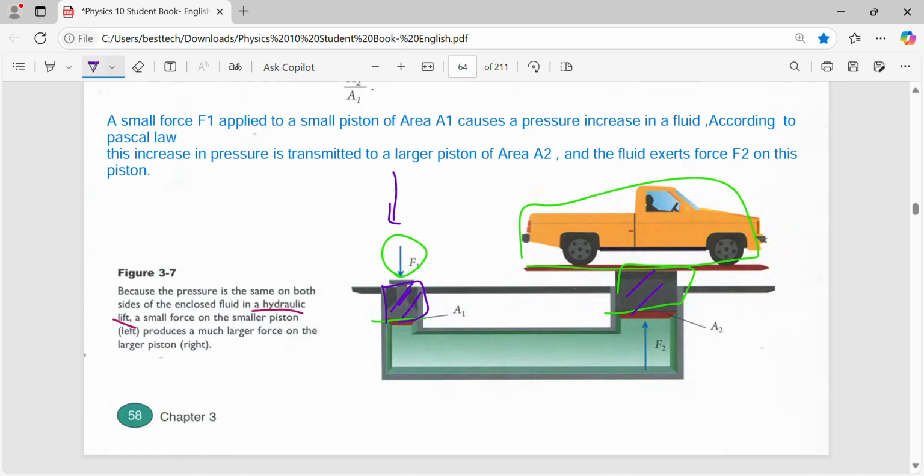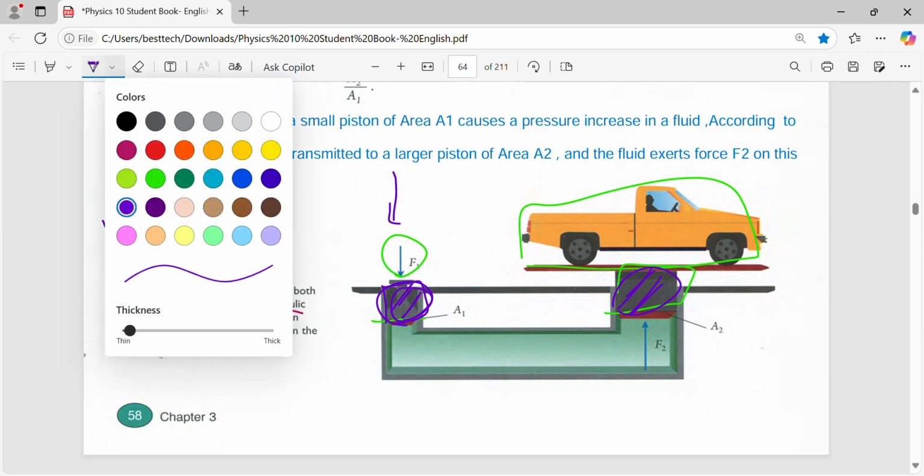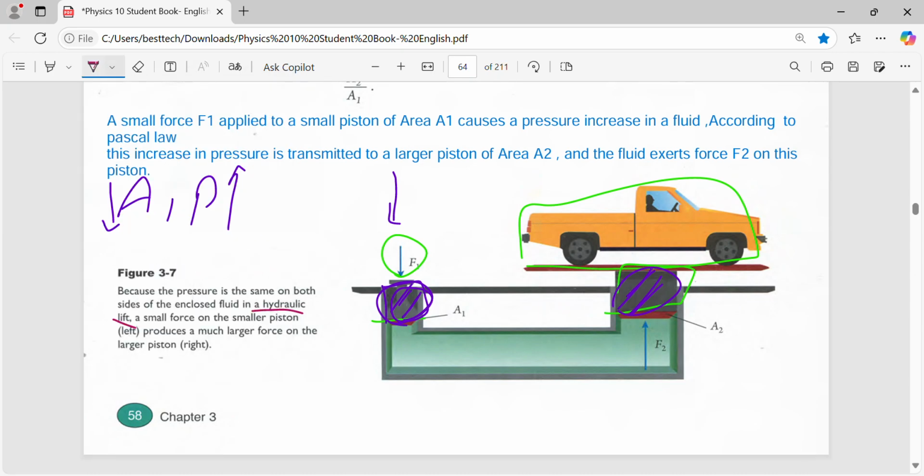So this area is more than that area. Now we studied the relation between area and pressure: inversely proportional. So this area, compared with that area, is small. So at the end, if we have a small area, we get a large pressure, right?